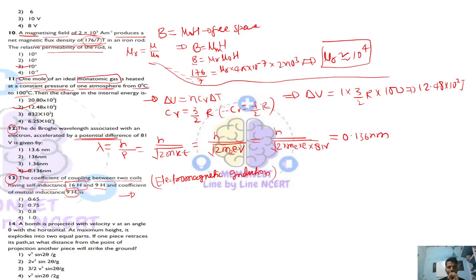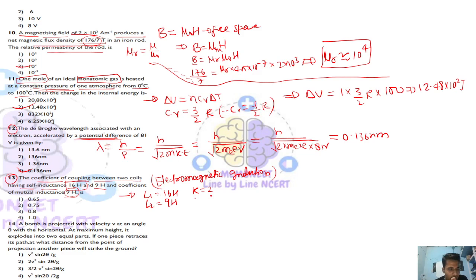There is a direct formula through which you can calculate it. The coefficient of coupling between two coils, the self-inductance L1 is 16 Henry, L2 is 9 Henry, and you are asked about the coefficient of mutual inductance, 9 Henry.